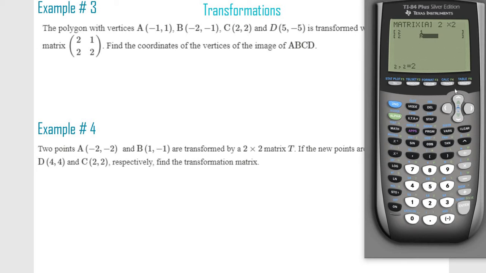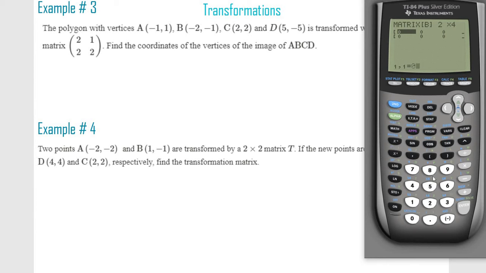Then I'm going to go back. Second matrix, and I'm going to edit B, and that's going to be my points. I need 4 points. See how we did that? You can always catch it there. So it's a 2 by 4, rows by columns. So 4 columns is what we need.